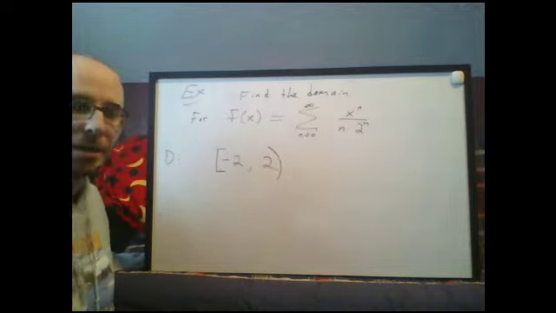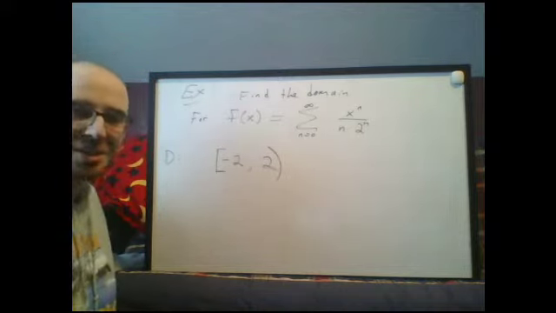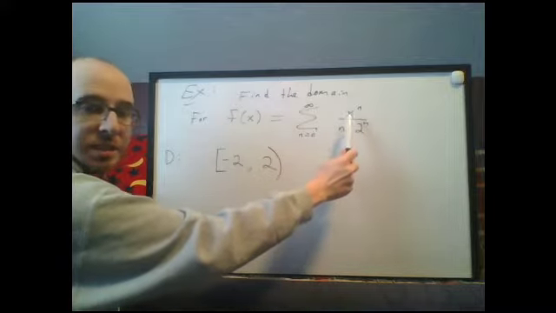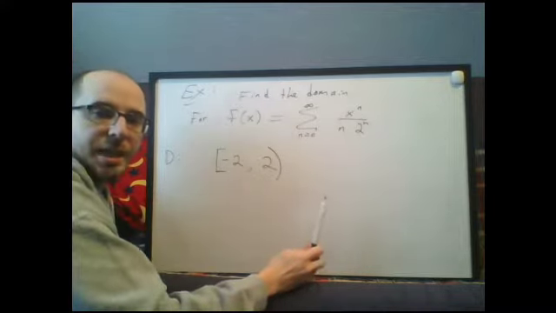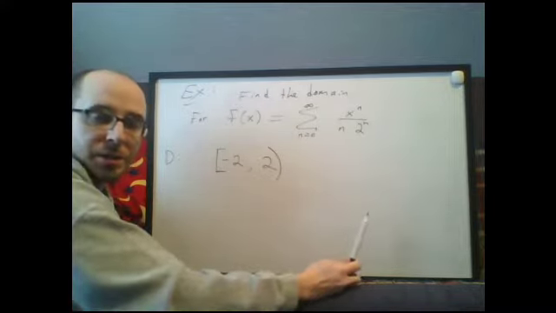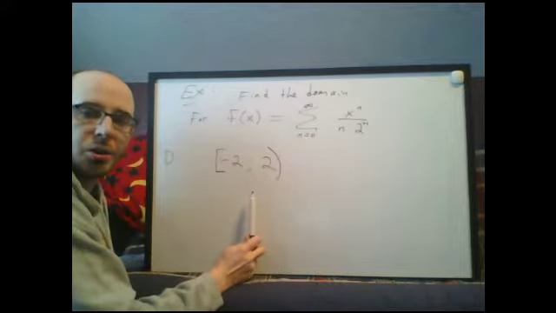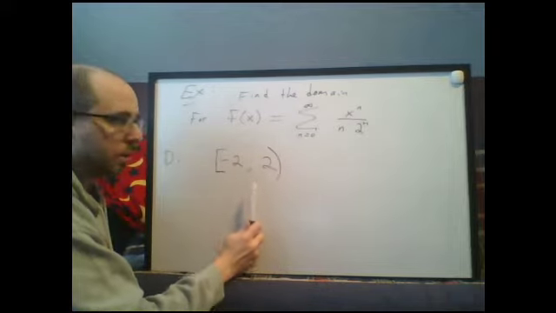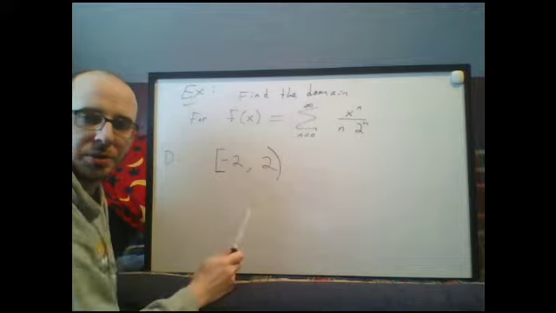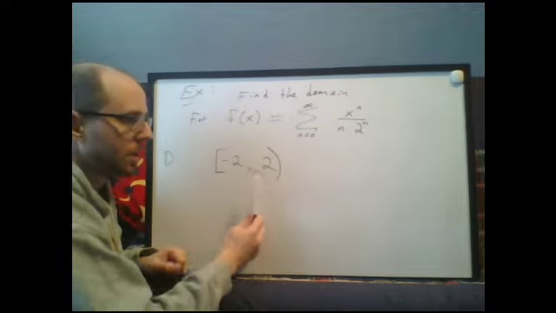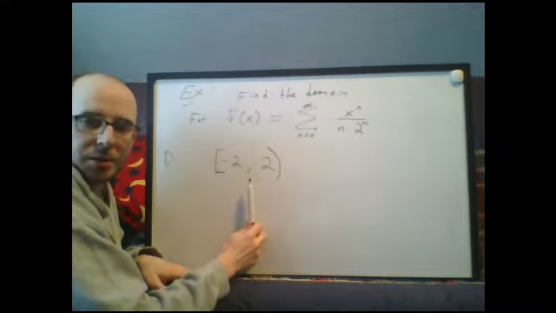And again, what is the center for this power series? Since it's just x to the n, that's x minus 0. So the center is 0. And again, our domain is centered at 0. As far as the length goes, 0 is the midpoint of this domain.